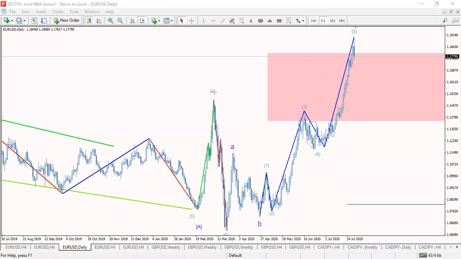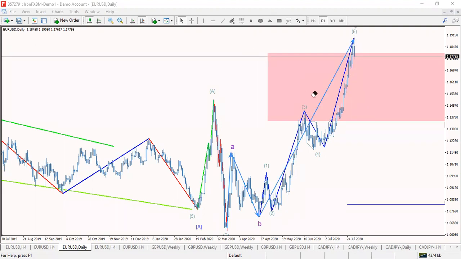This is our A, this is our B. Now this C wave is a complicated structure, that's how I can put it. It gave us an A wave, a B, and now this is a C wave, an extended C wave.